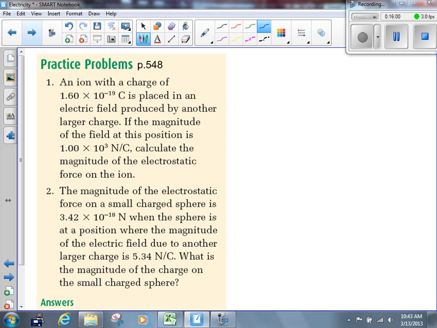The equations are both pretty easy, as long as you know which equation you're supposed to use. And even that's not hard, as long as you recognize this is the producer and this is the experiencer. The producer is the one that I have more information about, or the experiencer is the one that I have more information about. These are both okay?